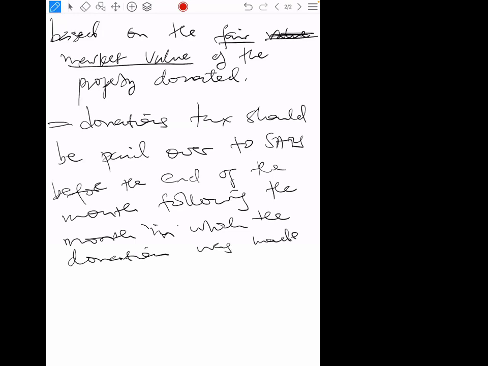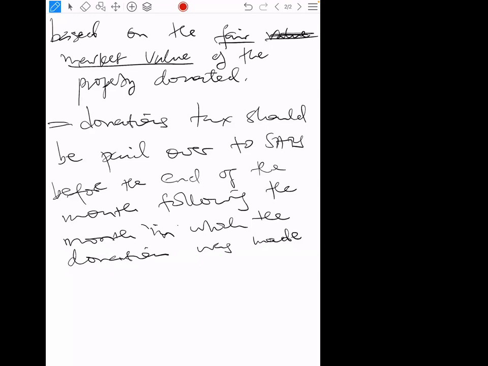So if you donate this month, we are in February, before the end of March, you should have paid over the donation tax to us. Failure to do that now becomes a non-compliance.